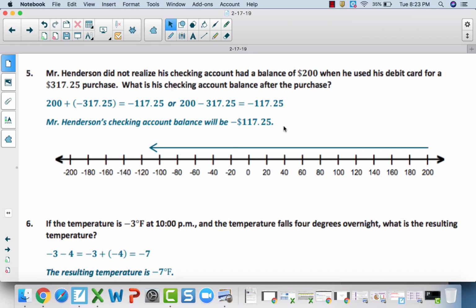It's going to be negative $117.25. Notice my arrow starting at 200 and going to the left because it is decreasing. And I actually end up right here at the negative 117.25. I counted by 20s on my interval here on this number line because these numbers are much larger. If you set up intervals by 1 here, it would have taken you quite a bit of time to set up this number line.